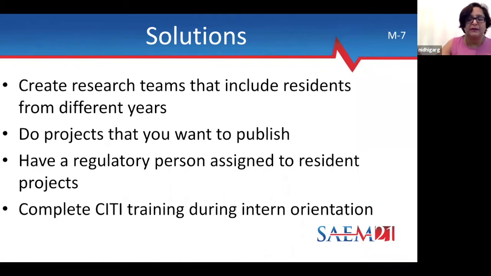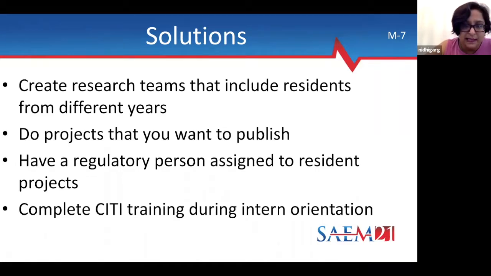Try to have residents from different years. One, it gives longevity to the project and it becomes more feasible and practical during their residency time. And it creates congeniality between the residents of different years and increases the interaction. It's overall very healthy for the interactions of the residency.